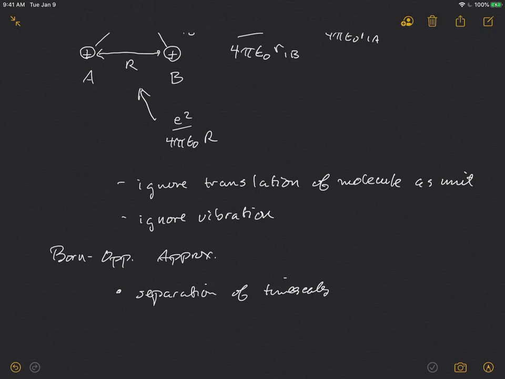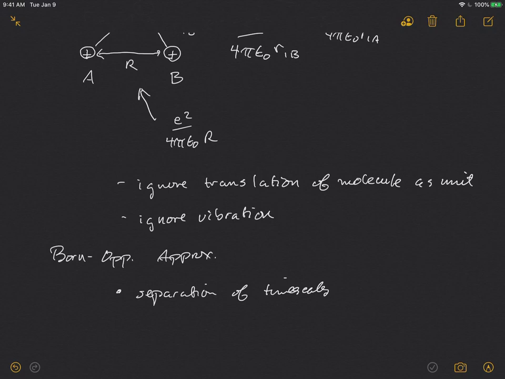In other words, the nuclei will move on their own time scale, and the electrons will just react to that motion to try to minimize their energy. And similarly, the nuclei are going to be moving in a potential energy surface, or a net force, that is given by the averaged, smeared out electron density of the electrons.